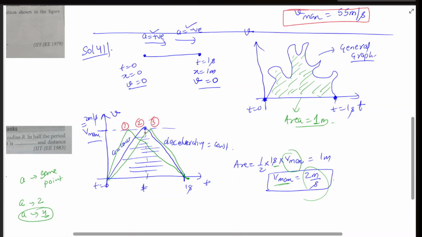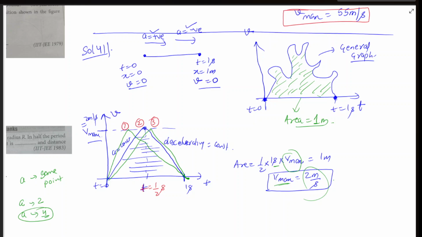Let's say graph 2 is in the middle, so its t will be 1 by 2 seconds. Now look here. Graph 1 at some point must have a steeper slope, so here acceleration will be more. Again, in the third graph, this part is steeper than in graph 2.